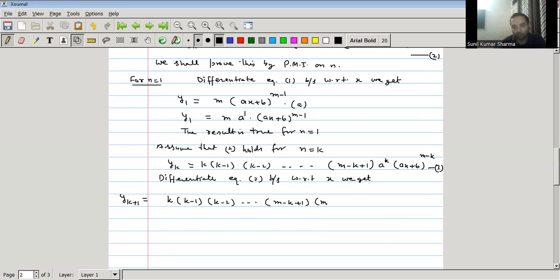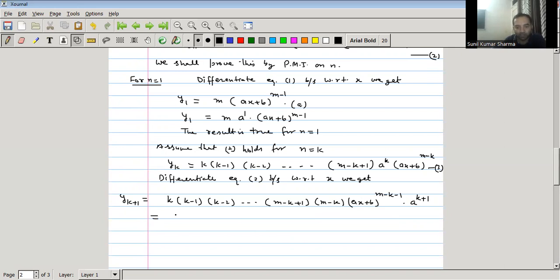So again you differentiate, you get (m minus k) (ax plus b) to the power (m minus k minus 1), and again when you differentiate ax plus b you get a. So we have already a to the power k, so a into a to the power k, you get a to the power (k plus 1). So let us rewrite it.